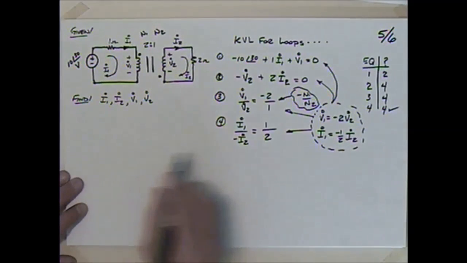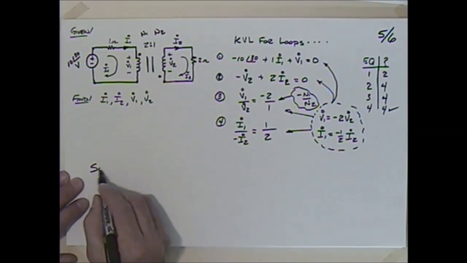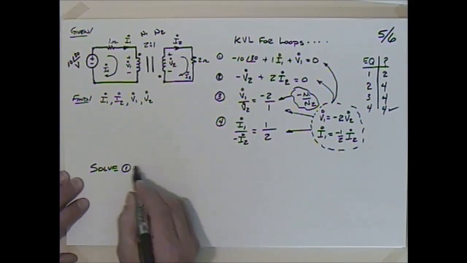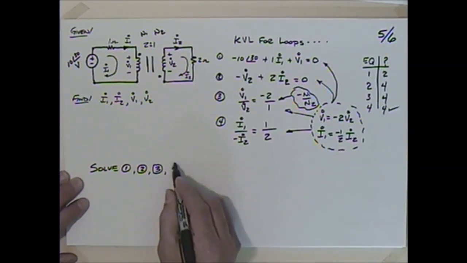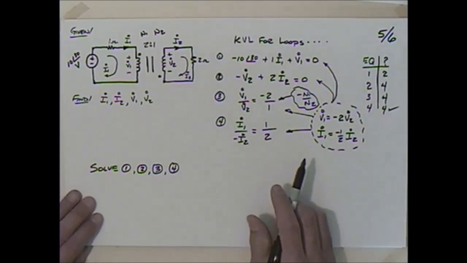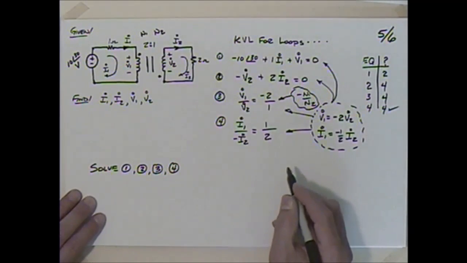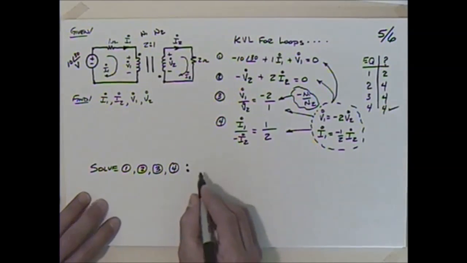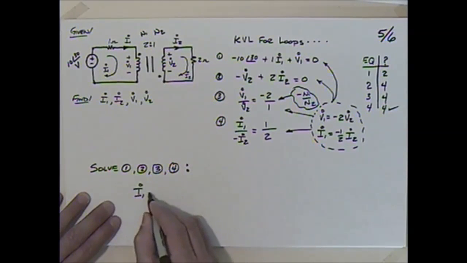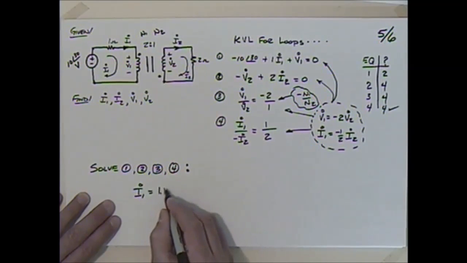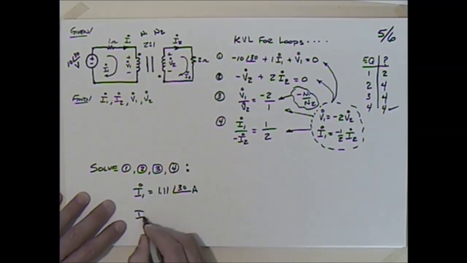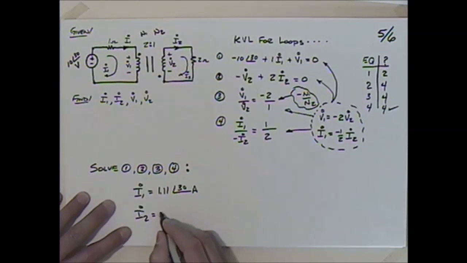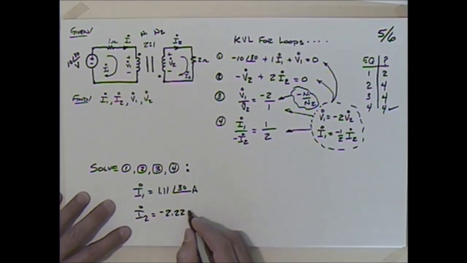I won't belabor this, but basically if you solve equations 1, 2, 3 and 4 simultaneously, or doing some substitutions and then solve them simultaneously, you will come up with the following results: I1 is equal to 1.11 at an angle of 30 amps, and I2 is equal to minus 2.22 at an angle of 30 amps.